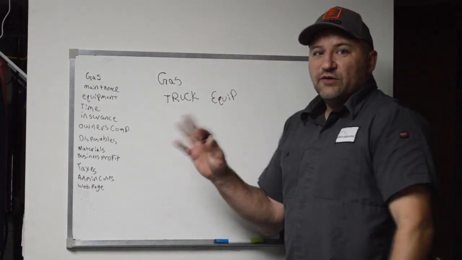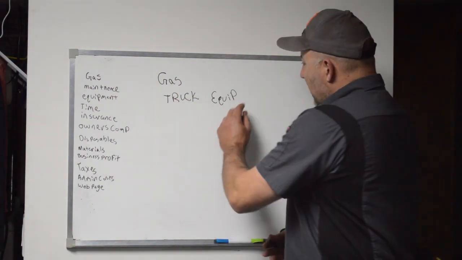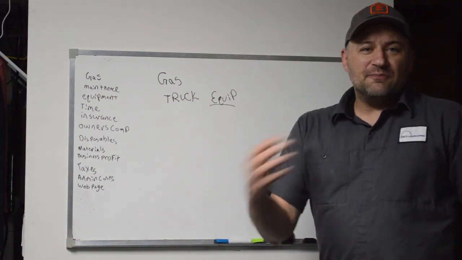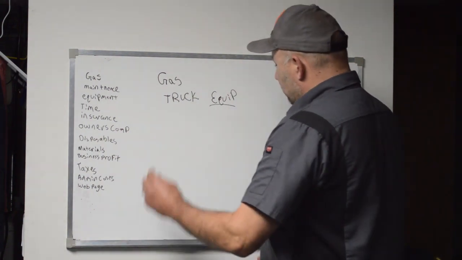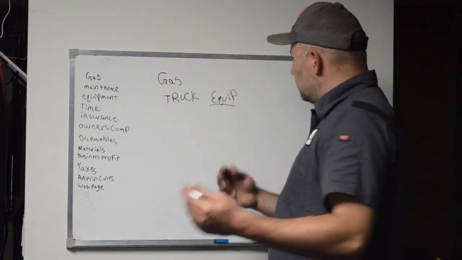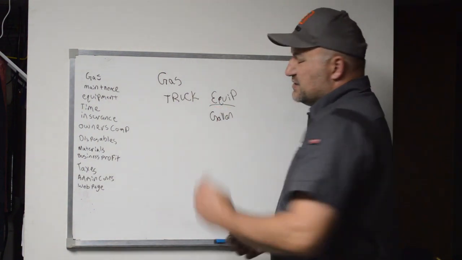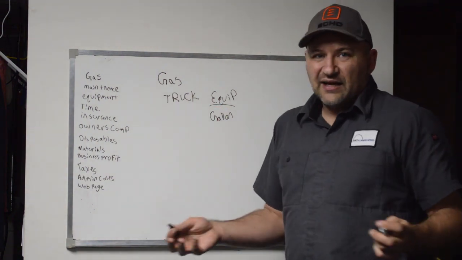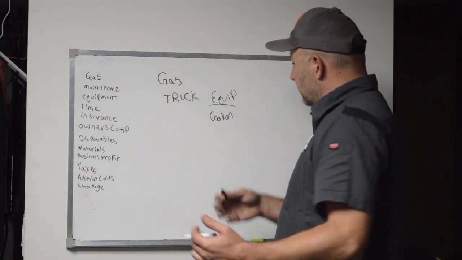So how do we figure out how much gas we're using in the equipment? This is usually how I would do it. I look up how much gas is held in the gas tank of the equipment. Most smaller equipment holds about a gallon, or a gallon and a half, or 2 gallons, 2.5, usually in half-gallon increments.